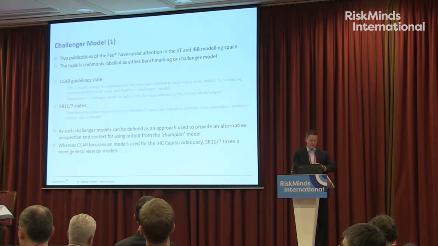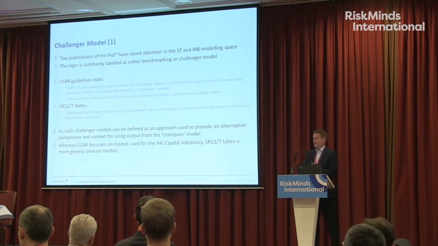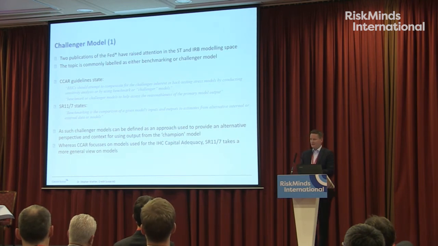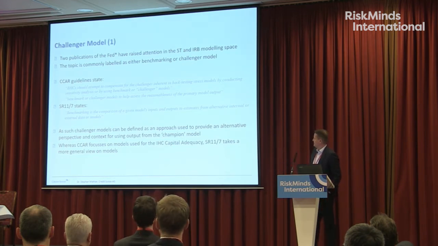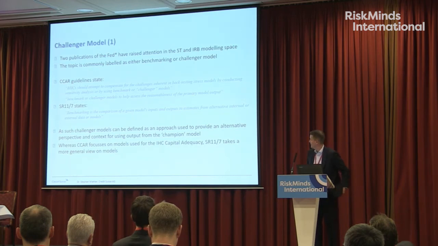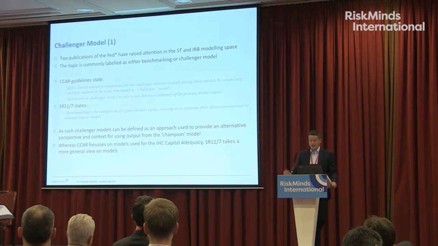Now, also part of the model risk discussion is a topic I really like, although I think there is a danger that people misinterpret what needs to be done here. So it's that concept of challenger model. In the SR 11-7 guidelines, you see the sentence: benchmarking is the comparison of a given model's inputs and outputs to estimates from alternative internal or external data or models. So it gives you some advice that you should challenge what you do, your champion model, as they also call it.